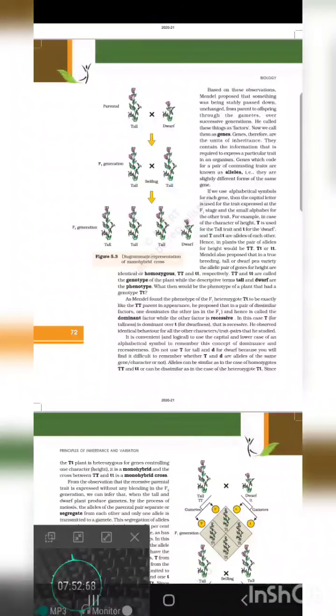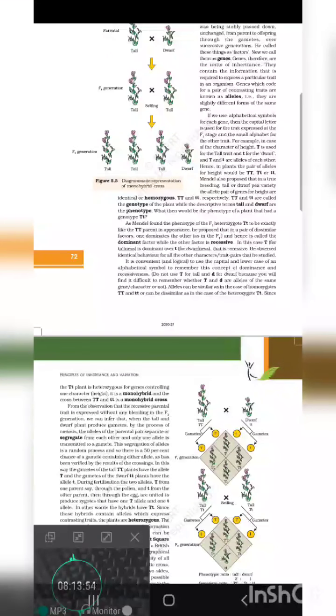respectively. Capital T and small t are called the genotypes of the plant, while the descriptive terms tall and dwarf are the phenotypes. What would be the phenotype of a plant that has the genotype capital T, small t?